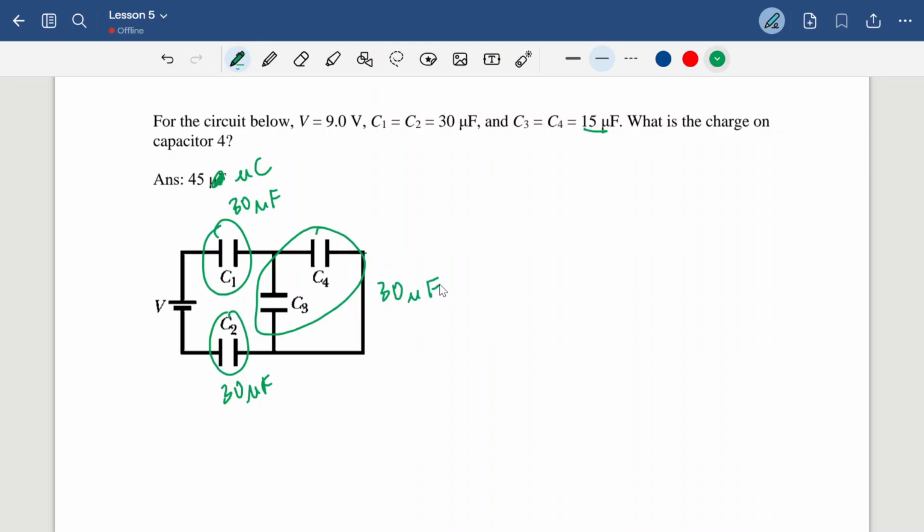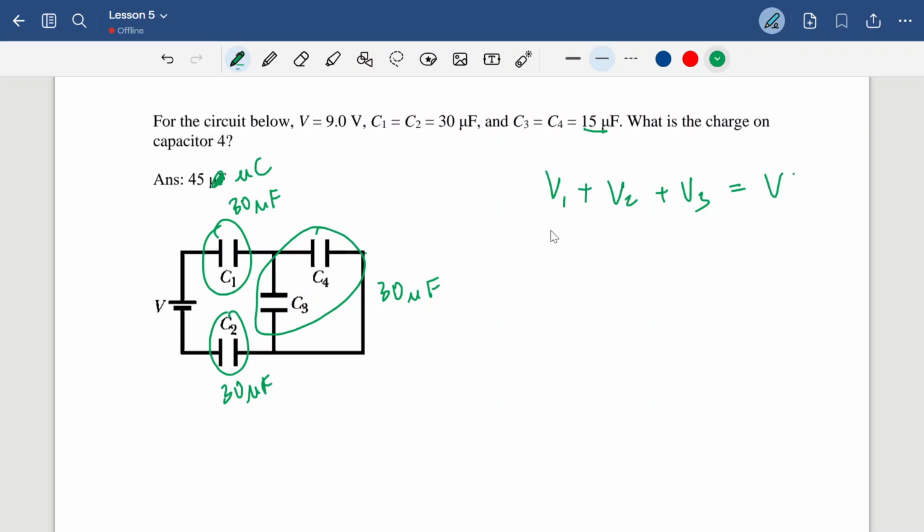So it's something like a resistance. V1, which is across this, plus V2, which is across this, plus V3, which is across these two, must equal V. The sum of the potential differences must equal this V, right?